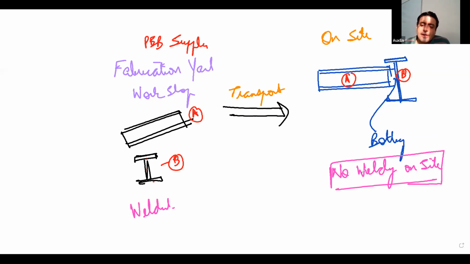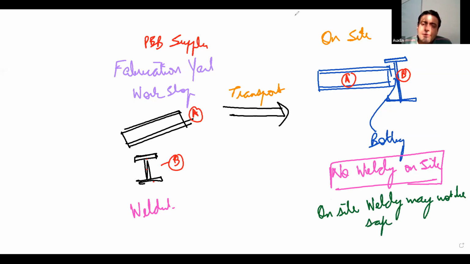So welding on site is not preferred because on site, first of all, welding may not be safe. Why? Because there are many industries, or many places, where you cannot do welding because of the risk of fire.